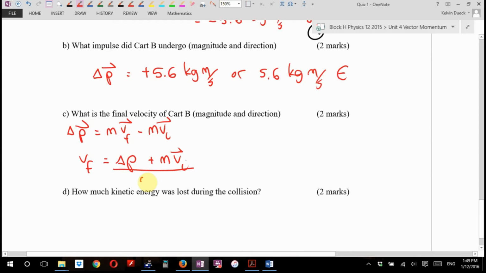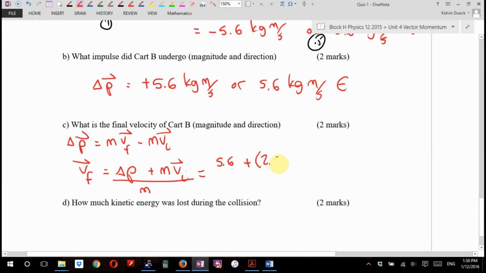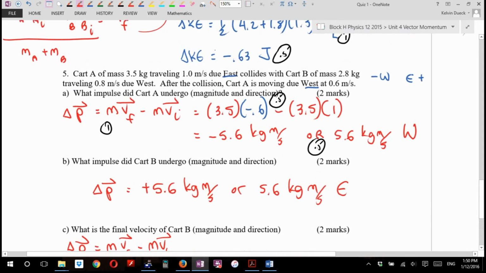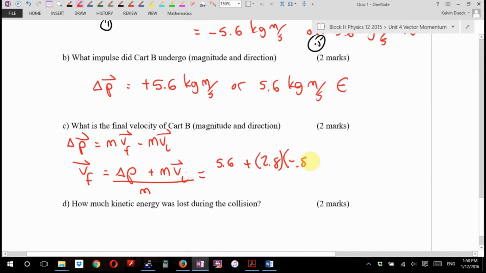If I divide by the mass, I'll have v final by itself. 5.6, that's my change in momentum, plus mass of car B, 2.8, times the initial velocity of car B, west, so I'm going to call that negative 0.8, all over mass of car B, 2.8.